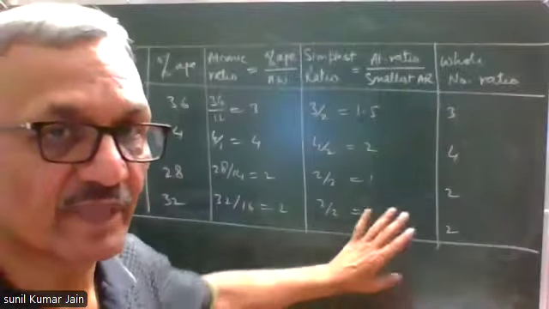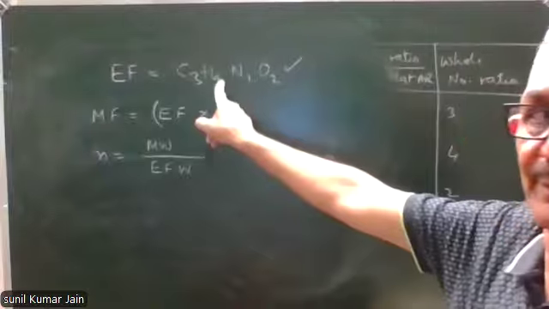Molecular formula will be empirical formula multiplied by N. Now, what is this N? N is molecular weight divided by empirical formula weight. Like we calculate molecular weight by using molecular formula, similarly, we calculate empirical formula weight by using empirical formula.